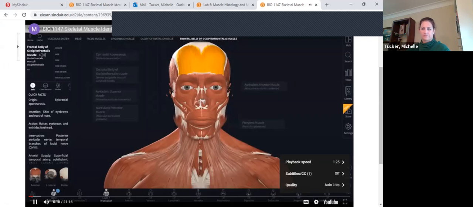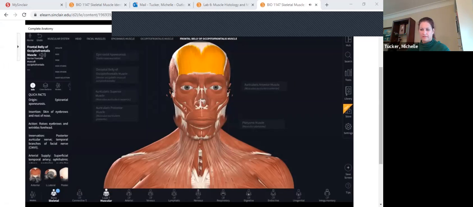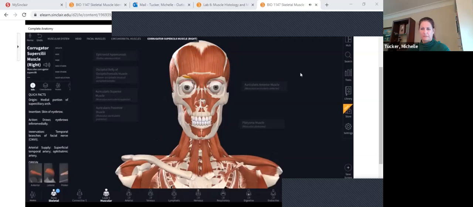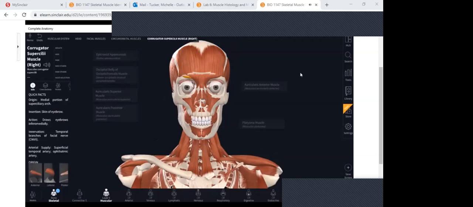So today we need to go over and identify some of the facial muscles. So this is the frontalis muscle, and it will wrinkle the forehead. This is corrugator supercilii. It will move the eyebrows to the midline.